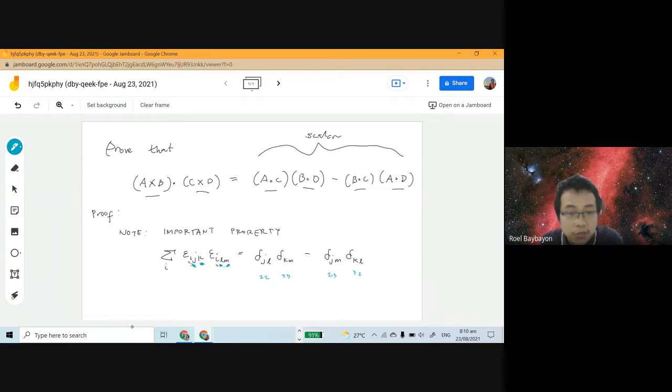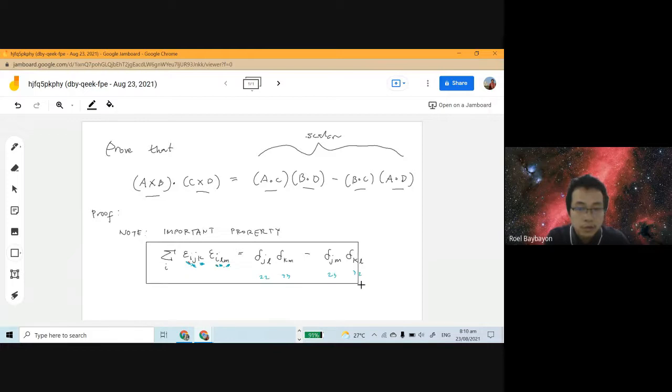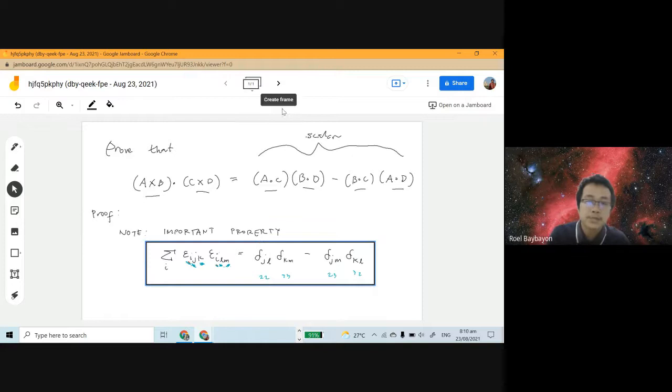Okay? Magamit na ko siya if ang first index is i and this one is also i. So, I can use this property to prove the identity kaning nasa taas. Okay? Take note of this. This is an important property para magamit natong siya to prove this one. Okay. Proof. How are we going to prove this one?